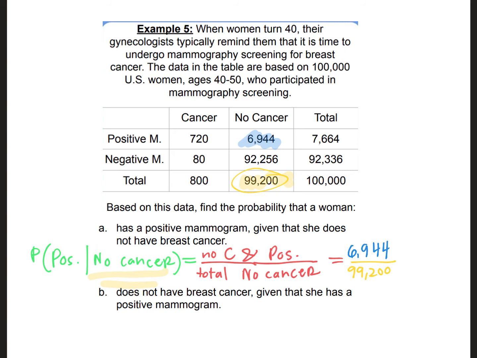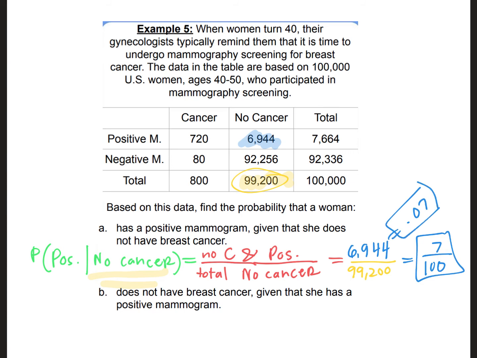Again, we are going to put this in a calculator, 6,944 divided by 99,200. I get 0.07, which is the same as 7 over 100. You can simplify. You could leave it as a decimal. I don't really know what your homework asked you to do. Either one is valid.